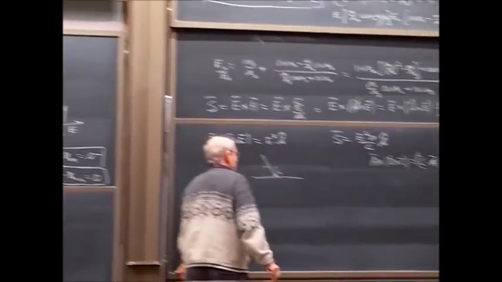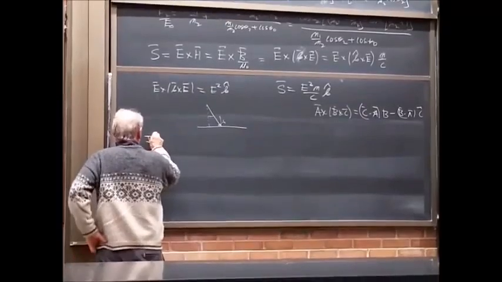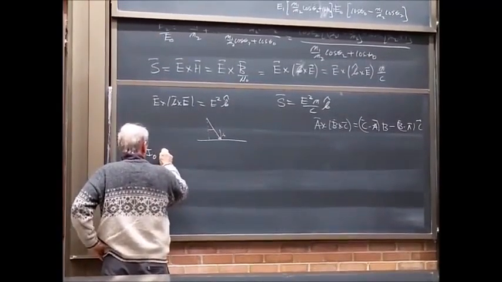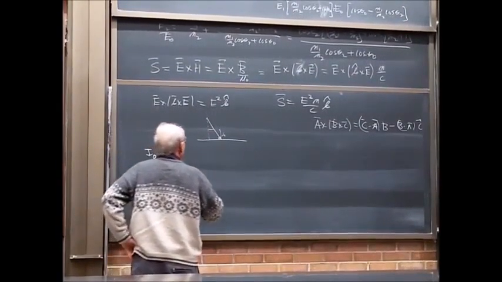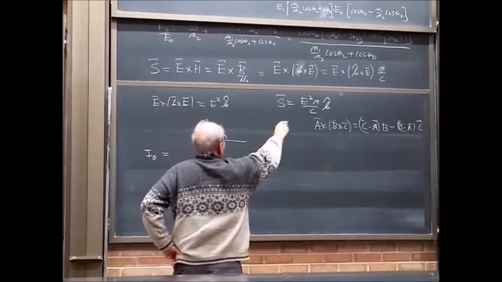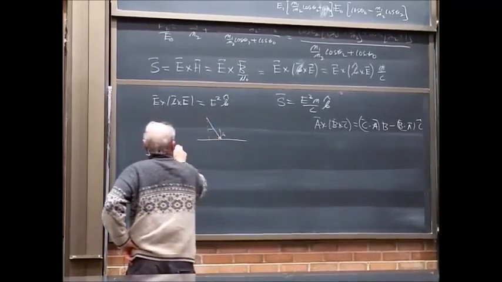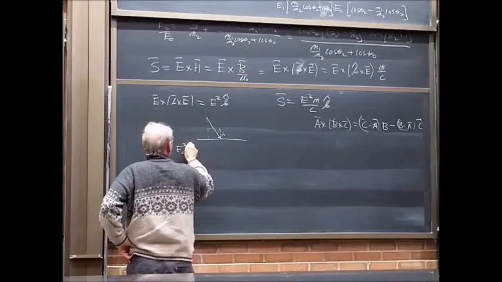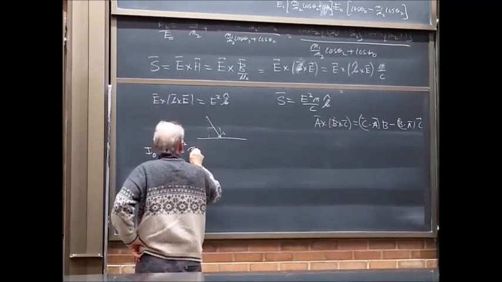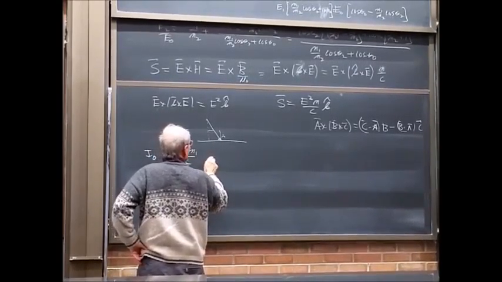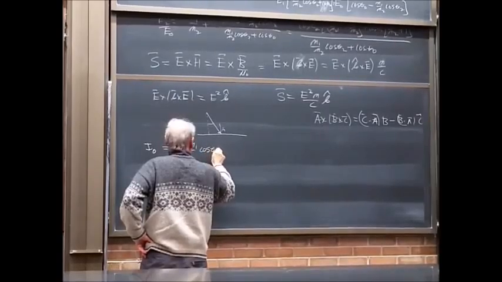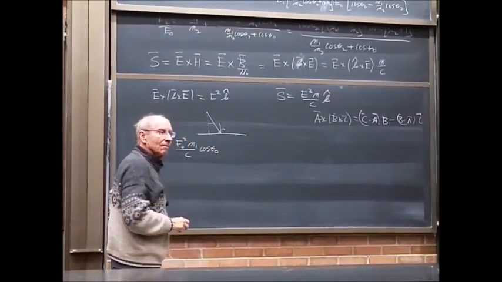So, intensity coming in is E0 squared N1 divided by C times the cosine of theta 0.